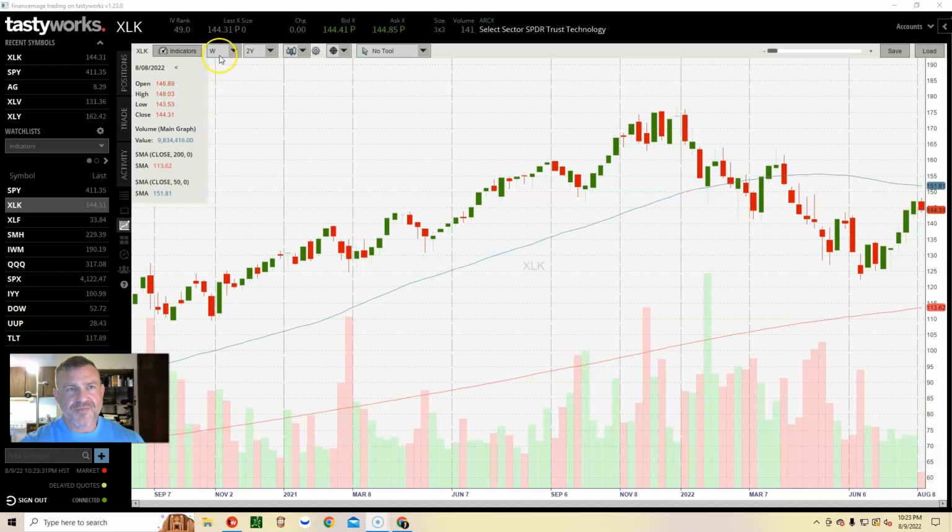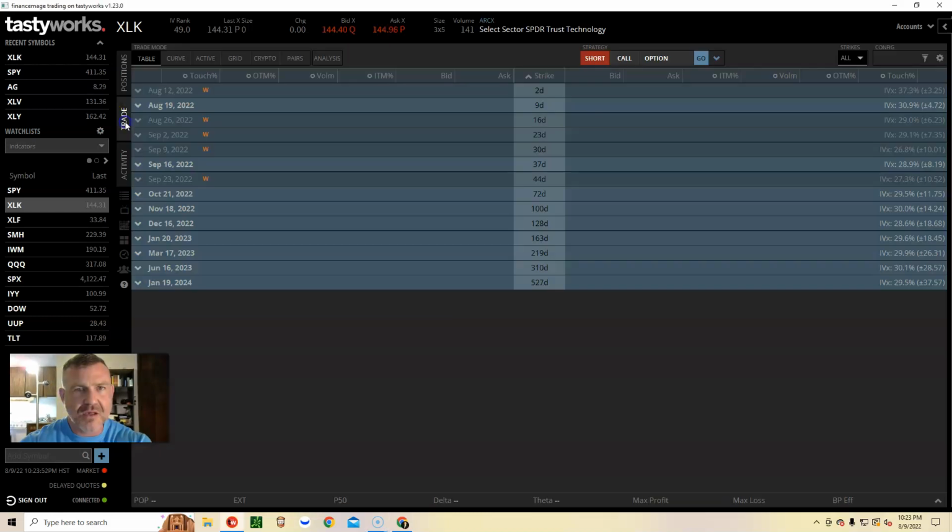This is the 2-year chart, and each one of these red or green candlesticks represents 1 week. And right here shows us the last price that XLK closed at. So let's look at the XLK option chain. We see here we have a variety of dates. We see down here these numbers correspond with these dates, meaning how many days left.